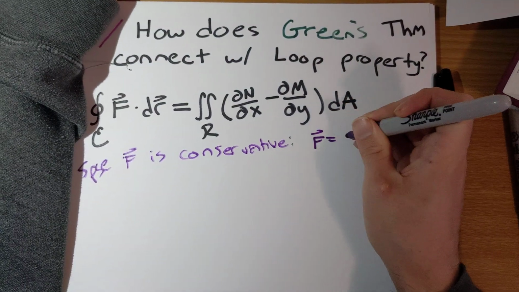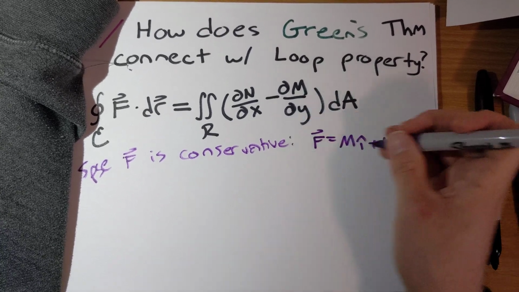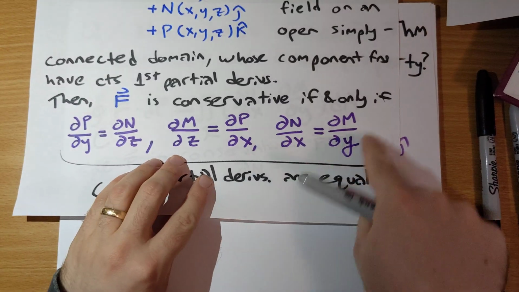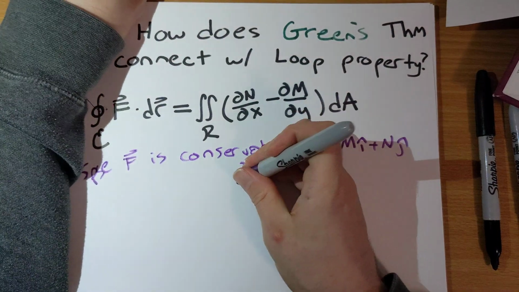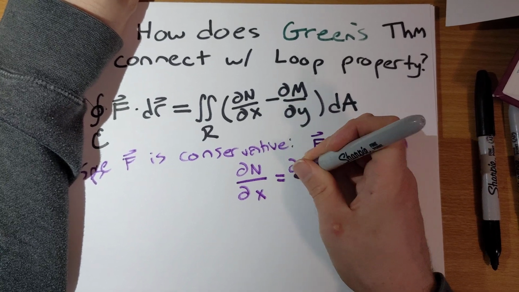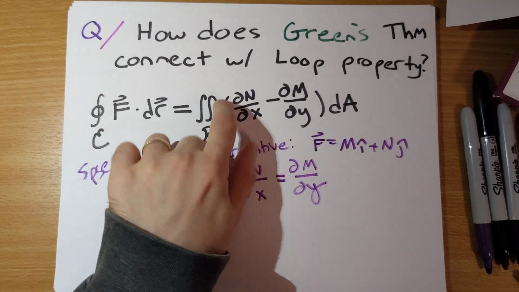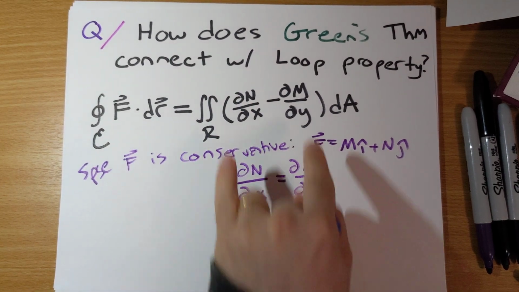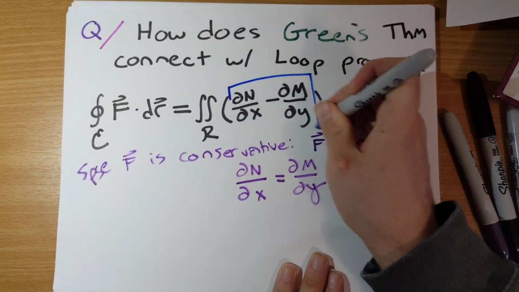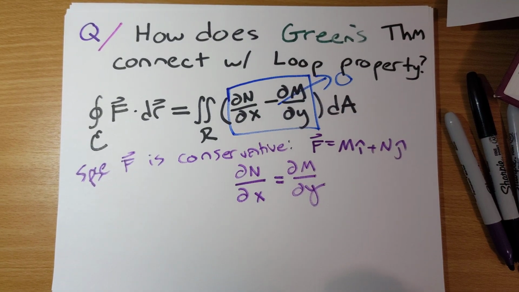So if F is equal to M i-hat plus N j-hat, the partial derivative of N with respect to x has to equal the partial derivative of M with respect to y. Now, what does that tell us about this up here? If this is equal to this, then this right here is equal to 0.